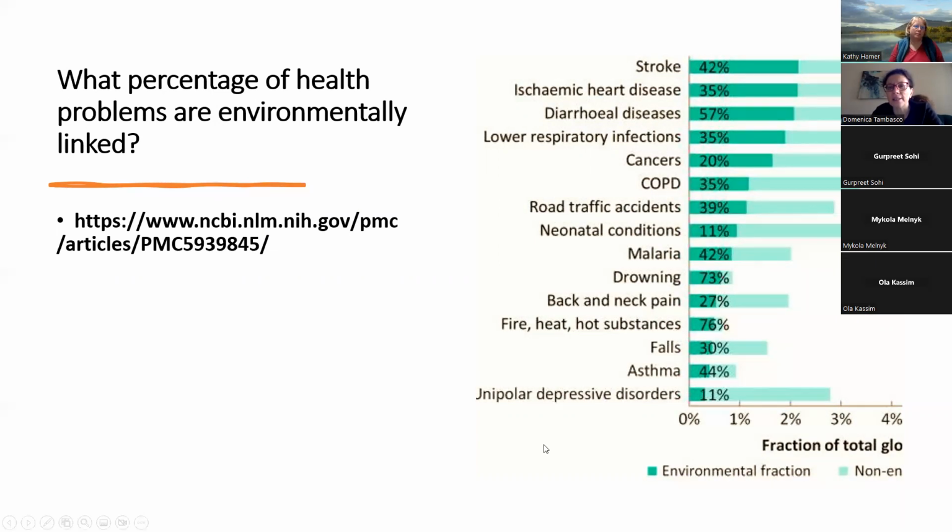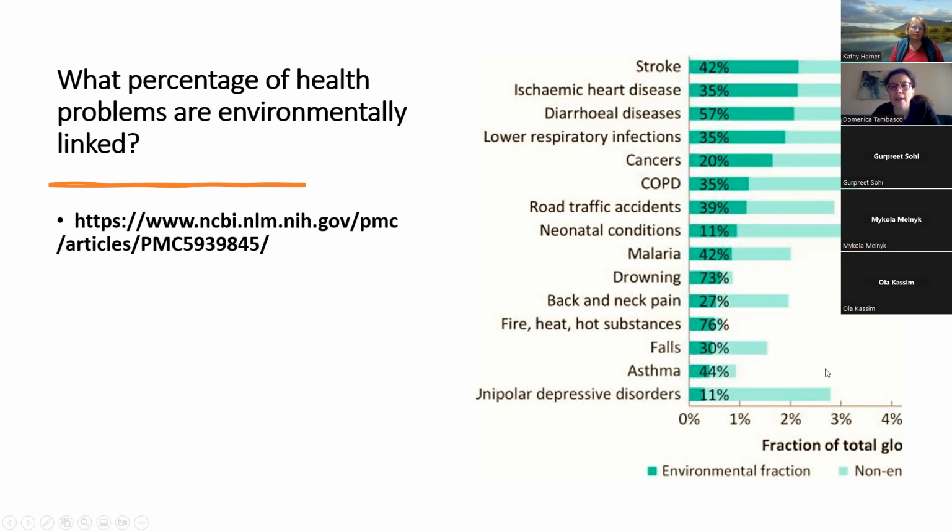We can see that a fairly large percentage of many of these common conditions are due to unhealthy environments. However, because hazardous environmental exposures are usually not considered in the differential diagnosis, we often miss the opportunity to intervene with preventative measures.